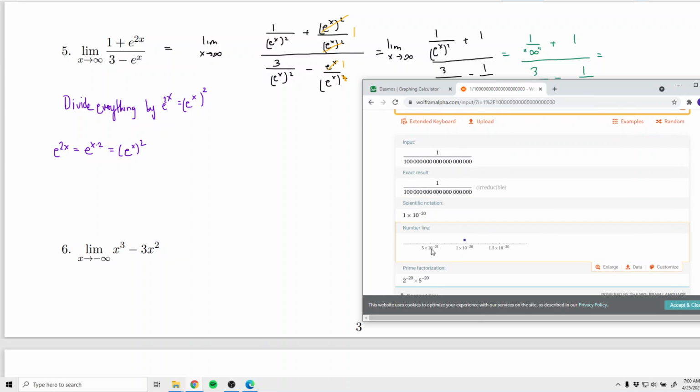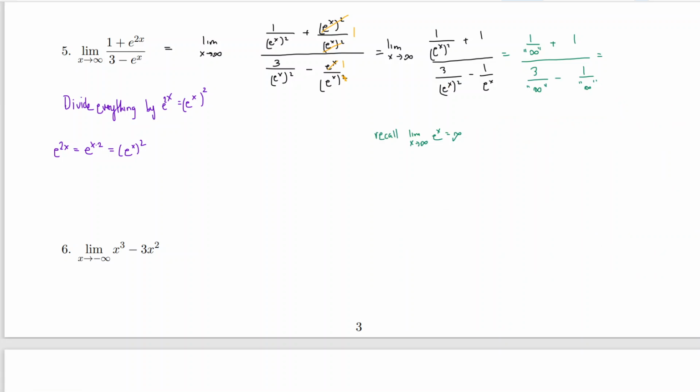Notice in scientific notation, this means it's 1, but it has 19 zeros after the decimal point before we even get to the 1, so it's basically 0. So all of these are 0, and we have 1. 0 plus 1 over 0 minus 0. And then we get 1 over 0, which is once again plus or minus infinity.